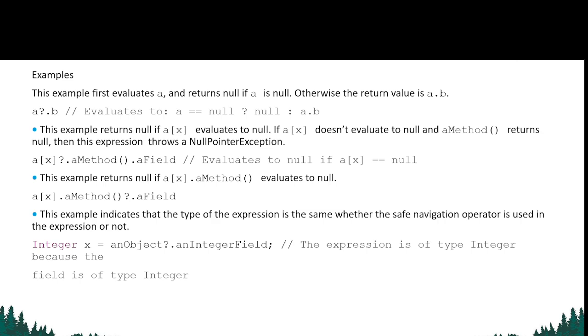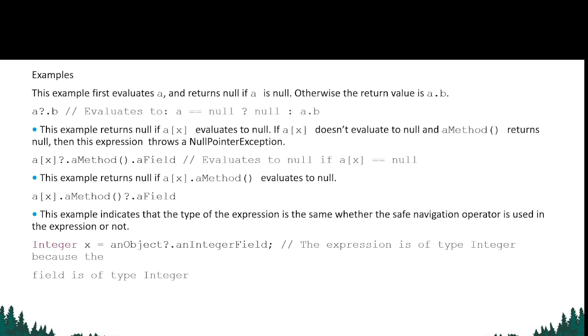Then we have the example of ax method where it is evaluating to null. So ax.a method, and then we are getting a field. Then we have an example indicating the type of expression, that is, whether the safe navigation operator is used in the expression or not.